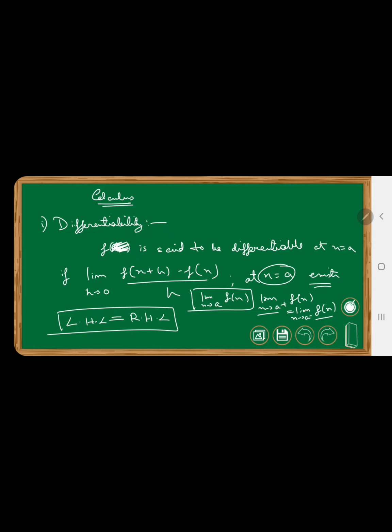Okay, so I'm removing the board. The next topic we have is Leibniz theorem. So what is there under Leibniz theorem?